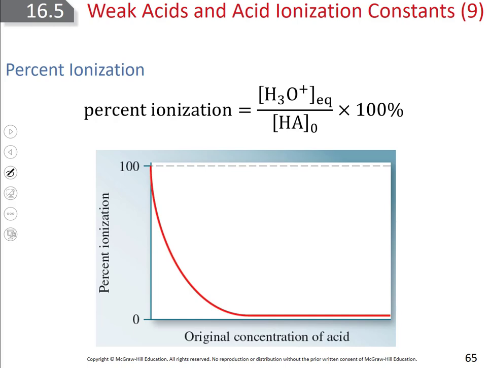If I'm looking at the ionization of an acid, and I'm just going to use the general format of a weak acid, HA plus water is at equilibrium with my hydronium ion and whatever leftover conjugate base.